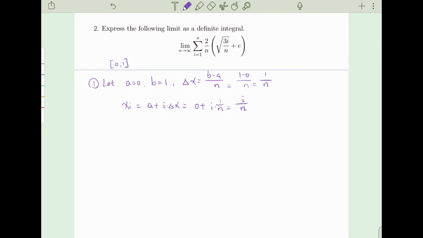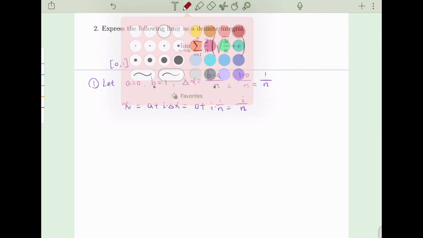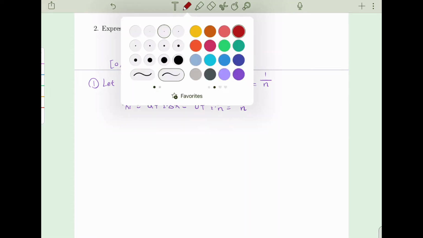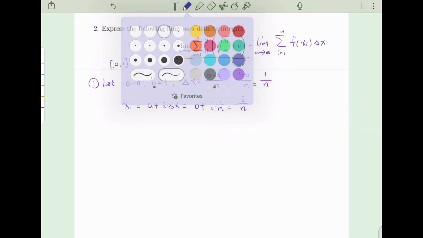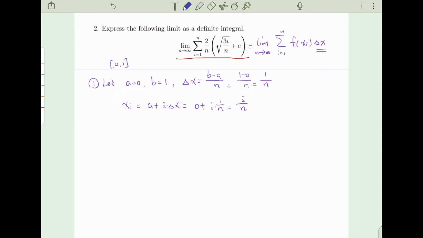After writing this out, I'm going to imagine that this expression is written as the limit as n goes to infinity of the summation i from 1 to n of f of xi times delta x, right? So I will need to make up my delta x and the f of x here.